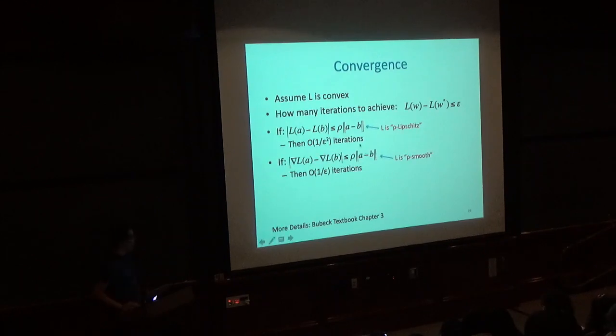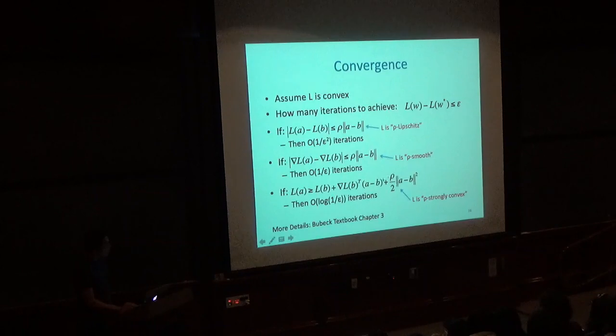If the gradient itself is differentiable, well, Lipschitz, but you can think of it as differentiable, so it has second order derivatives, then it's 1 over epsilon. So as we increase the precision of how close we want to get to the true optimum, the number of iterations of gradient descent only increases linearly rather than quadratically.